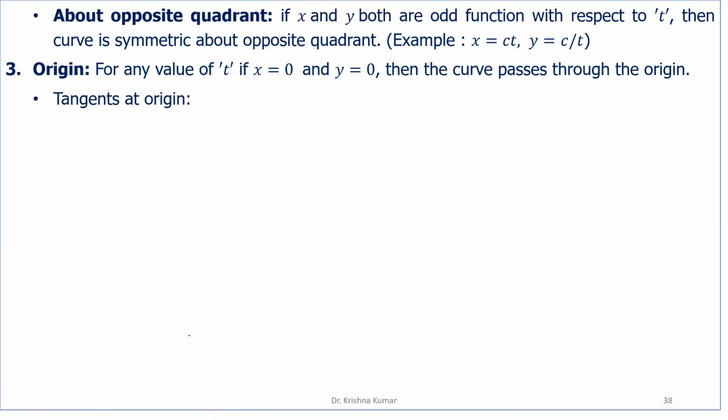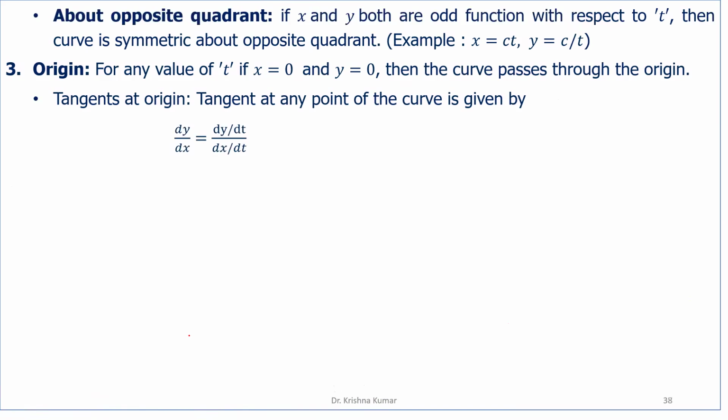Now, how to find the tangent at the origin? The tangent at any point of the given curve is given by dy/dx equal to (dy/dt) upon (dx/dt). Since y is a function of t and x is a function of t, we have to find the derivative of y with respect to t and of x with respect to t, and then we are able to find the value of dy/dx.